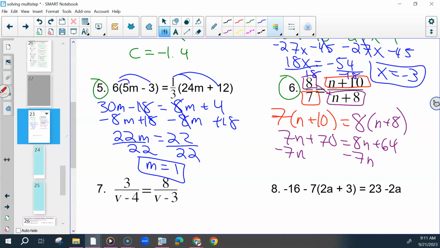So if I'm moving 7n to the right, I can move 64 to the left. This just becomes n, this just becomes 6. That is our answer, we don't have to do anything else. If we had moved the 8n instead, we'd end up with a negative on both sides, and then we'd have to divide. So it would create an extra step. So look and see what could keep it positive, because that might help. Questions about number 6?